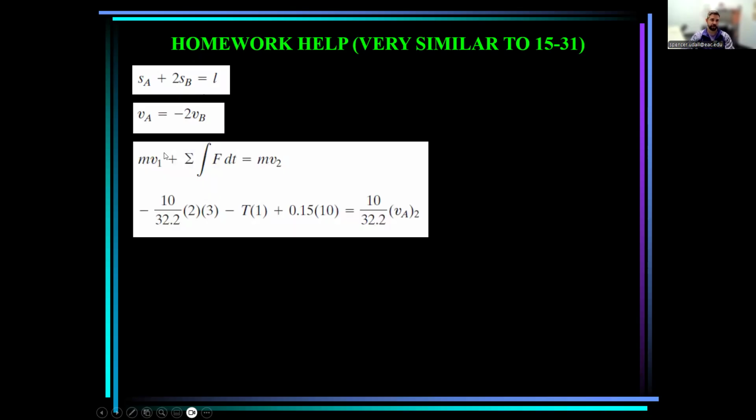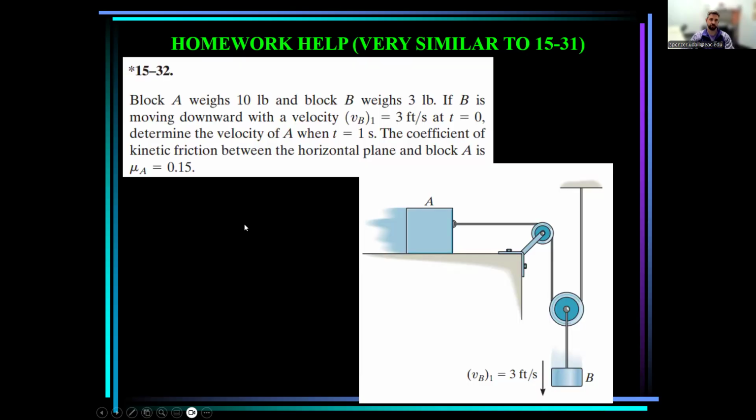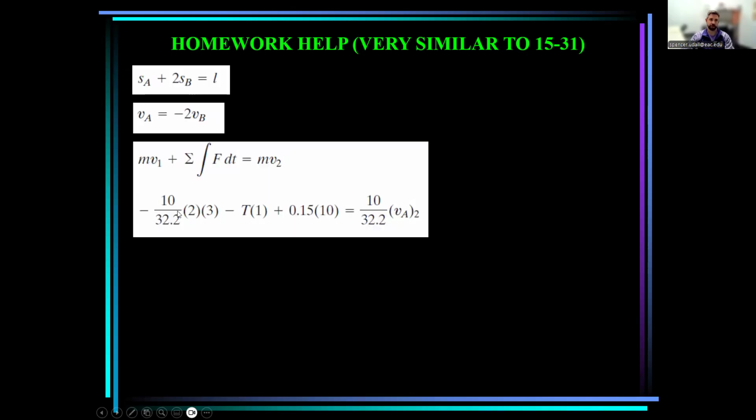So we could set up our equation and say, okay, I have the 10-pound block, which was block A, right? It's 10 over 32.2. That's its mass in slugs. 10 pounds divided by gravity times 2 times 3.